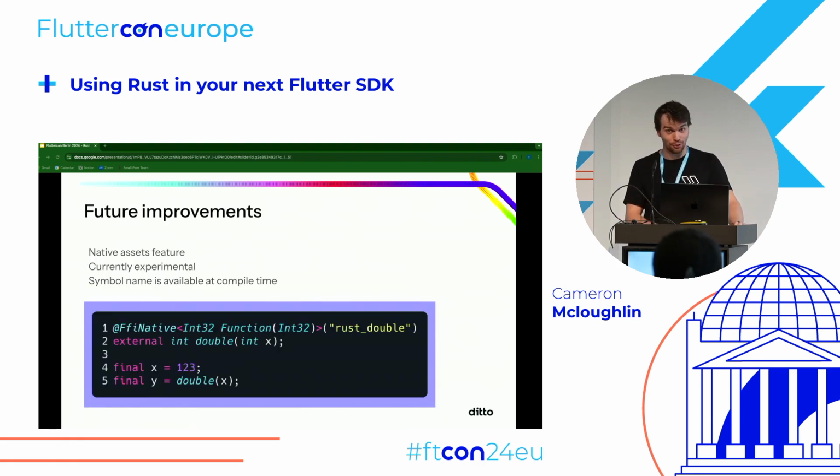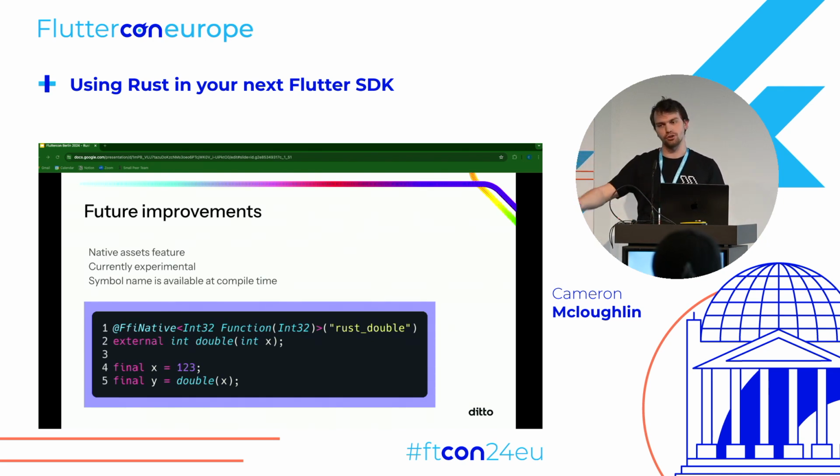There is hope for the future though, because of this. It's an experimental feature that's coming to Dart, or I think it's coming to Dart. I'm not sure. Where you can sort of tag an external function and say, look, this is the name of the function, this is the signature. Can we do this at compile time? And hopefully this sort of dead code information can be propagated throughout the thing.